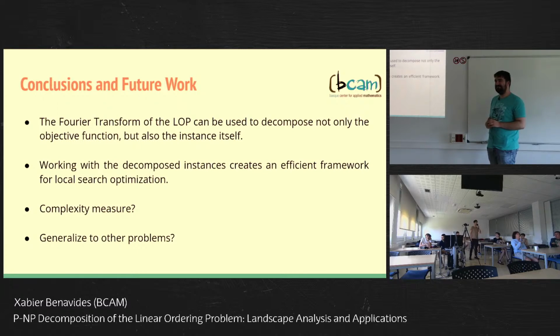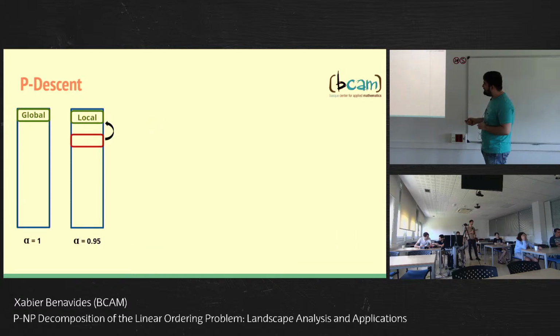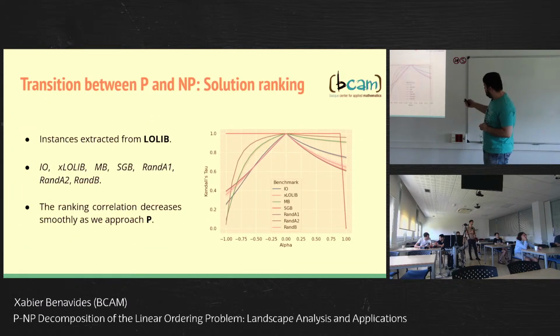How do you measure the complexity? Just making the sum of all the entries in the instance? No, we still haven't done that. I mean, we haven't created a complexity measure or something like that. But what we have seen is that when a certain benchmark has a higher proportion of the P component, it seems to be a little easier.